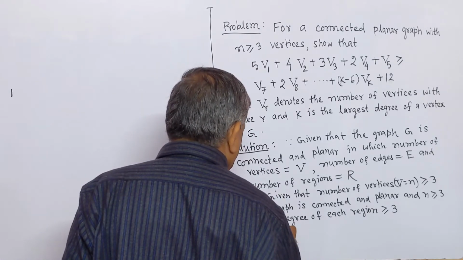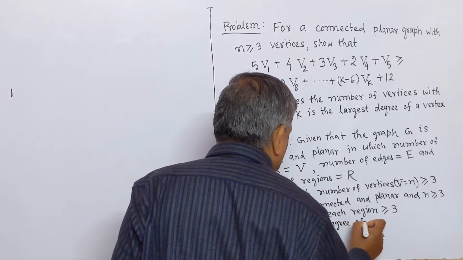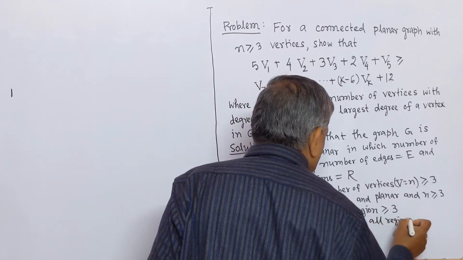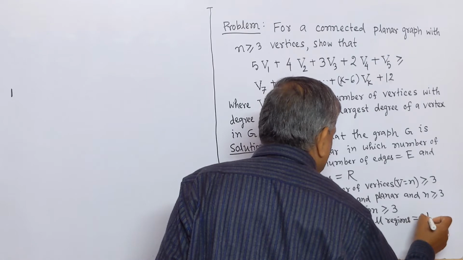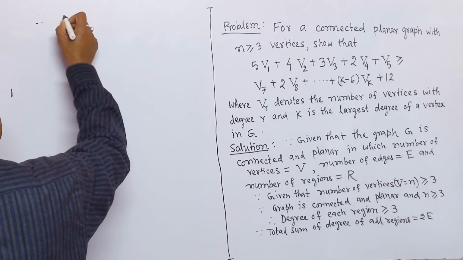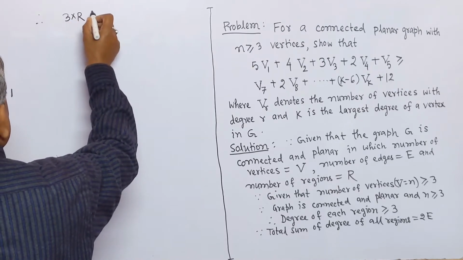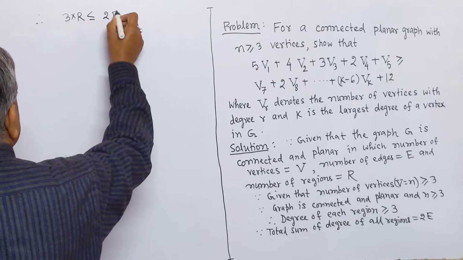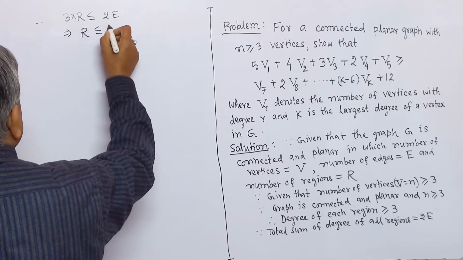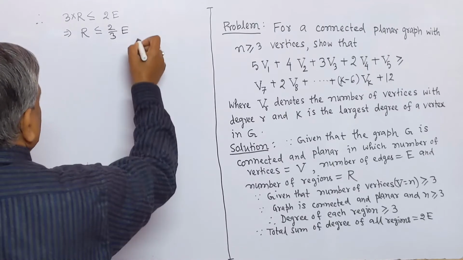Since the total sum of degrees of all regions equals 2 multiplied by E, therefore 3 multiplied by the number of regions is less than or equal to 2E, which implies that R is less than or equal to 2/3 E. This is number 1.